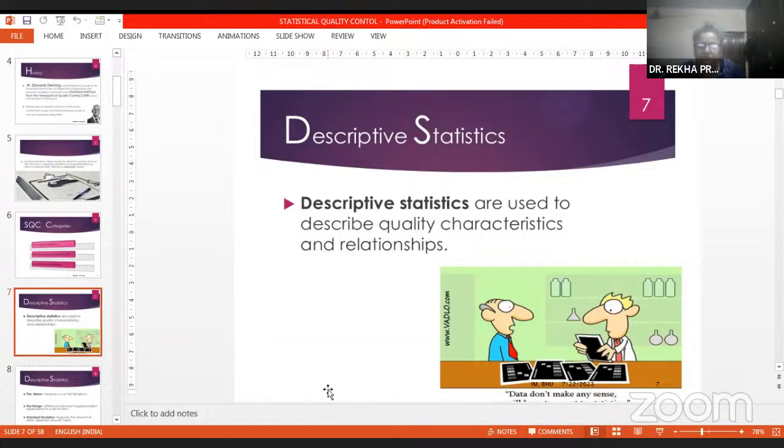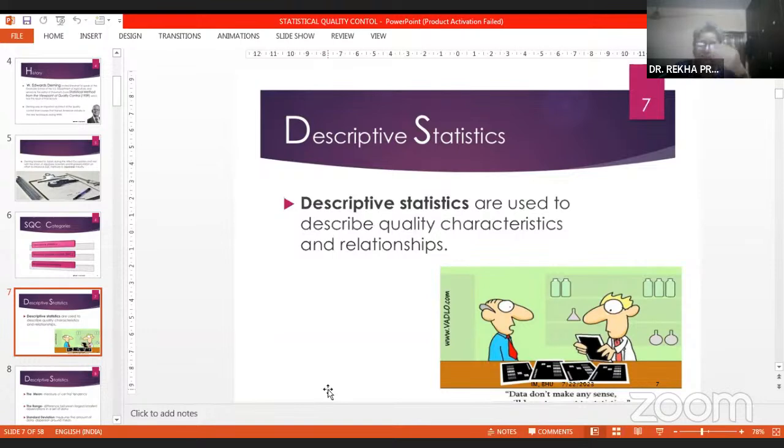Suppose two classes, A and B, have the same mean of 70%. But that does not mean they are the same, because maybe in one the variability is more, with people who have got very high marks and also very low marks. In the other class, mostly people have got around 70. So that shows there is a difference. To compare two things, you need both mean and standard deviation.